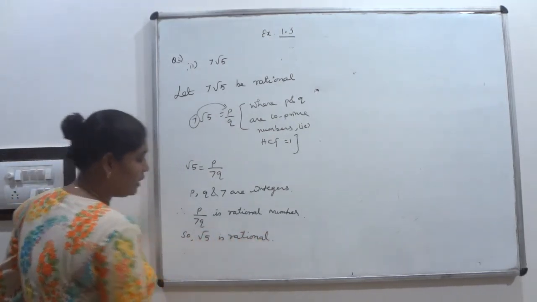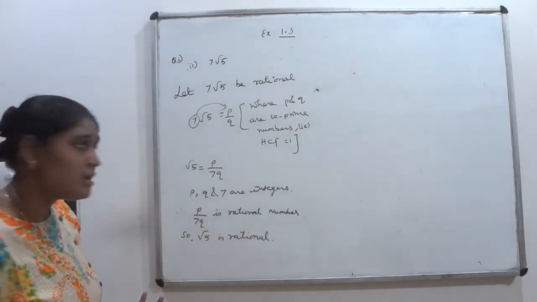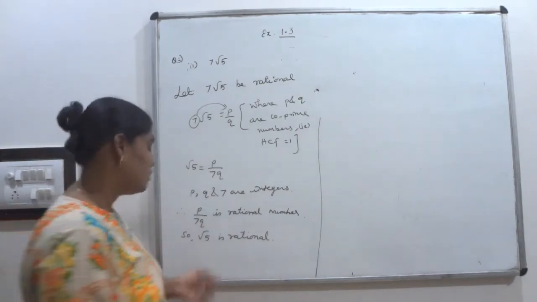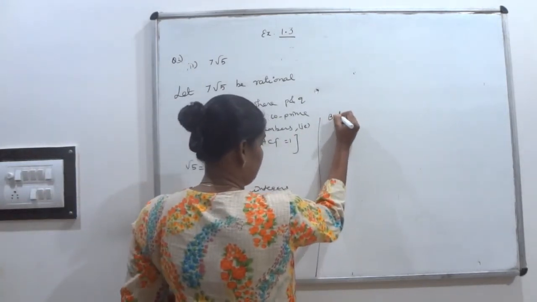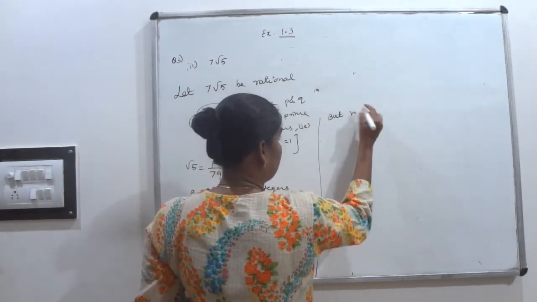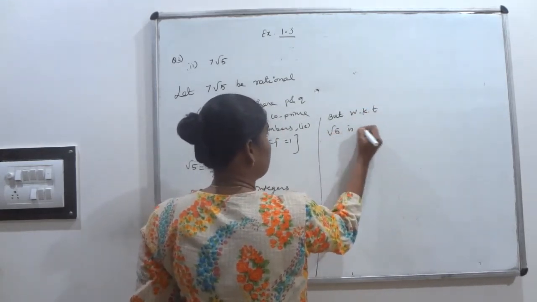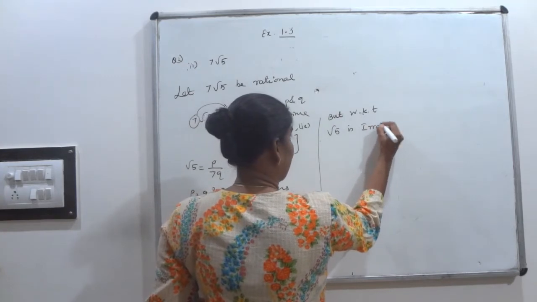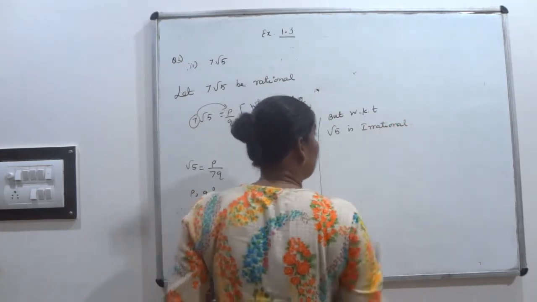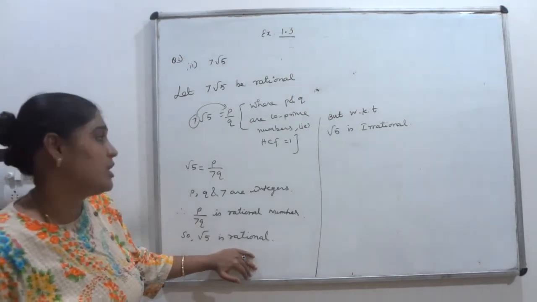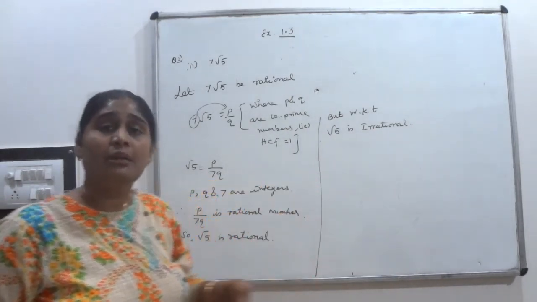But I already know that root 5 is an irrational number. Every question the same way only we have to solve. But we know that root 5 is irrational. I have proved root 5 is rational, but I know that root 5 is irrational.